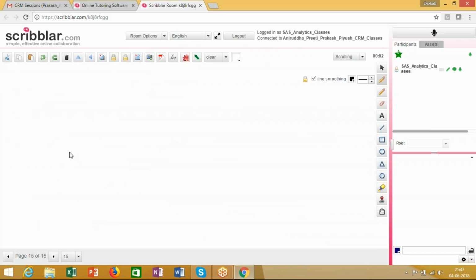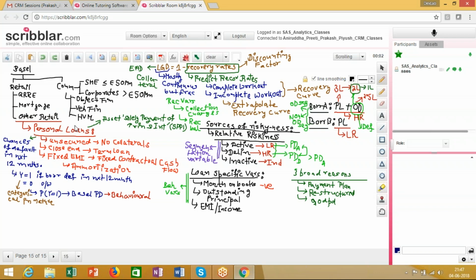So when we are working with retail portfolios, one very important characteristic is that this portfolio has a large number of accounts while the average exposure per unit of account is very less. Under retail portfolios, there are three broad sub-portfolios which Basel has defined according to the exposure and the nature of the business product.